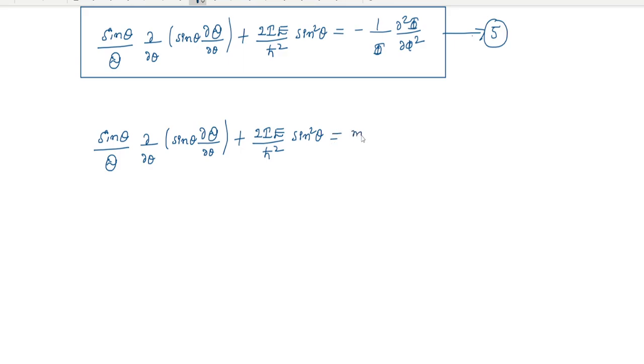Equal to m square. This is equation number 6.